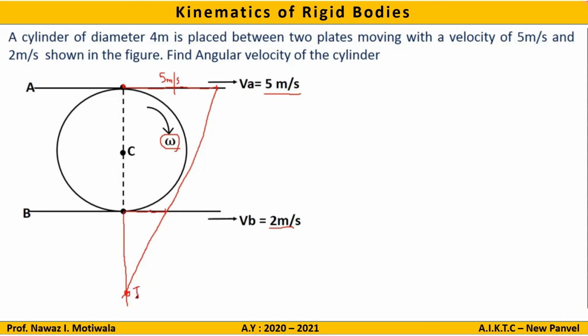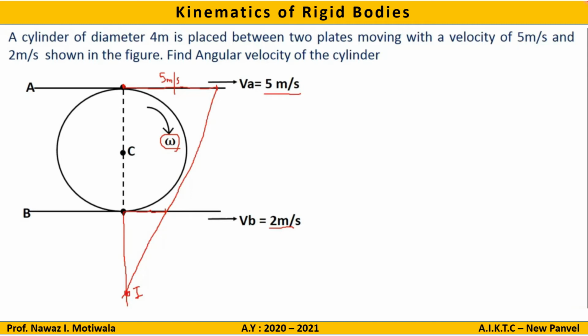So hope you now have got the method of locating ICR for this particular case. In simple terms, you make a line representing 5 meter per second and a line representing 2 meter per second, join these 2 points and let it intersect the extension of the diameter. Wherever they intersect, that will be your ICR.